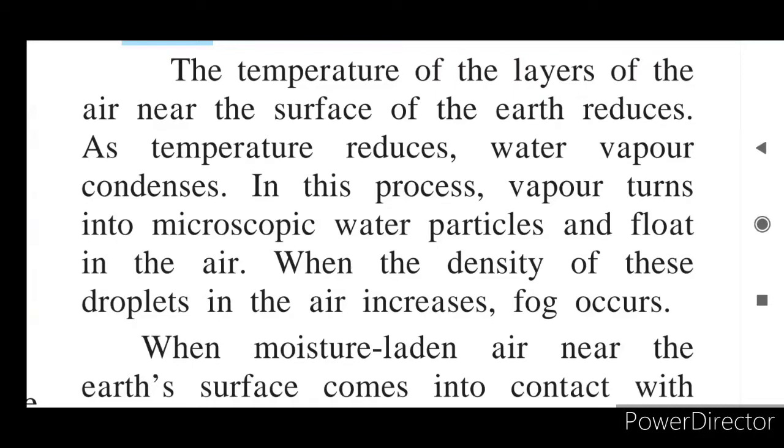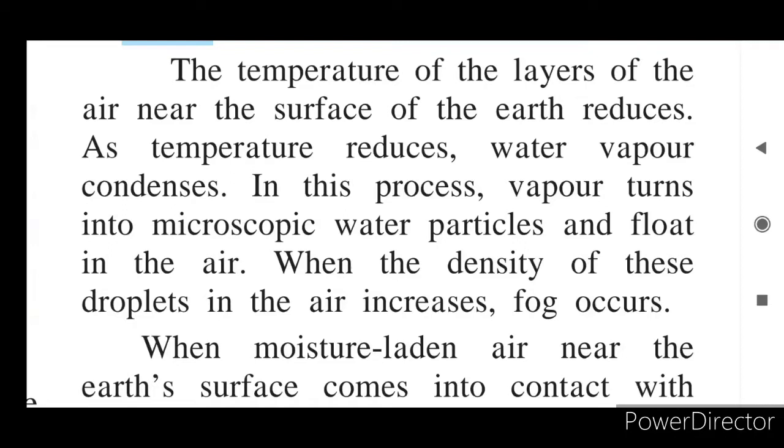So here they are saying that if the temperature is reduced near the earth's surface, then automatically that area will cool. If the temperature reduces, then automatically the region will be a little bit cool. So this water vapor condenses.